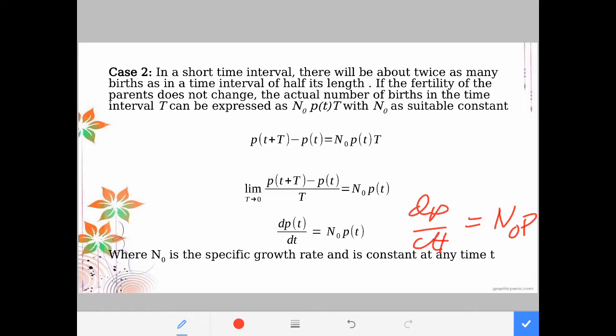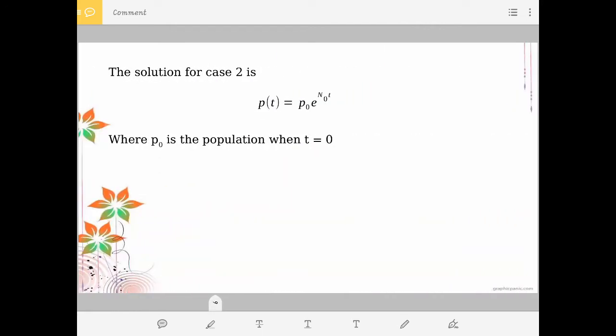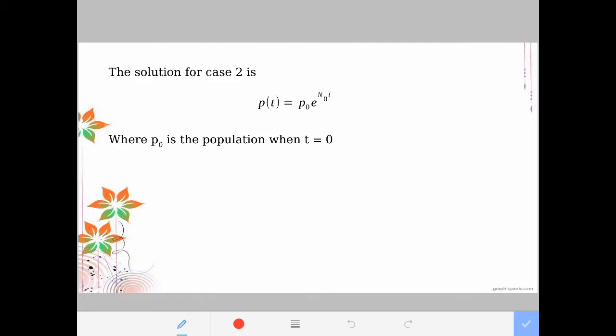Then we divide everything by P, separate the variables and integrate, and then you will get this solution. P of T is equal to P0, the initial population, times e, the natural exponential, raised to N0 times T, where P0 is the population when time is equal to 0.